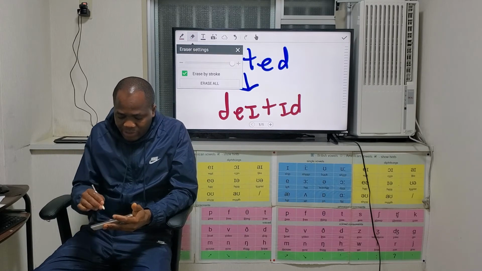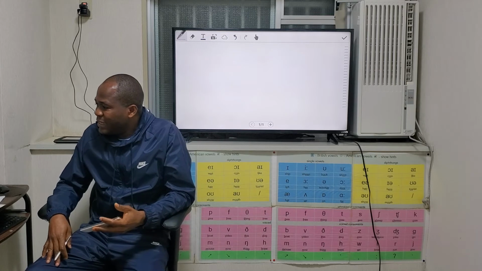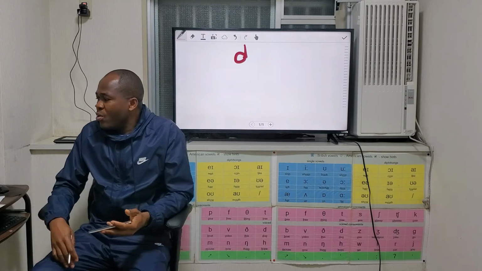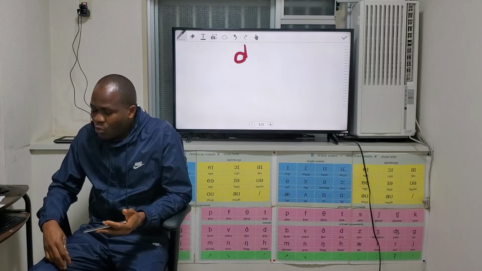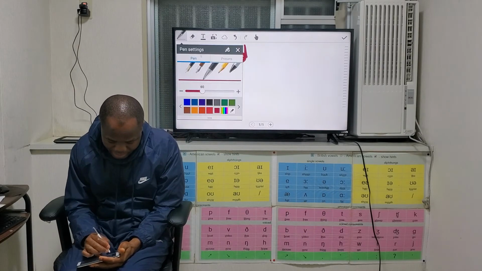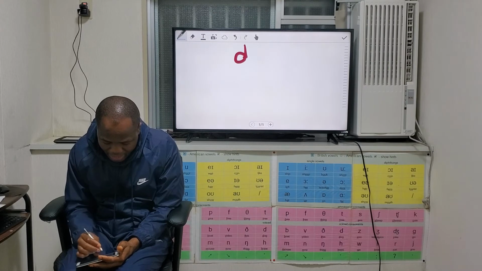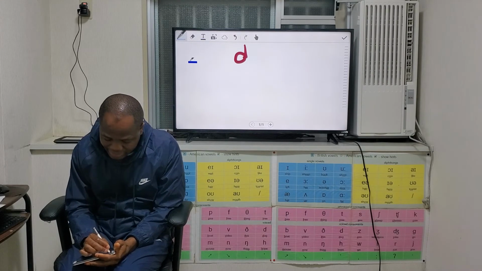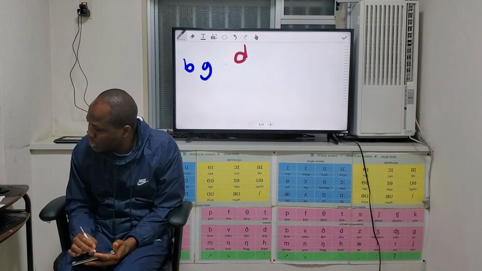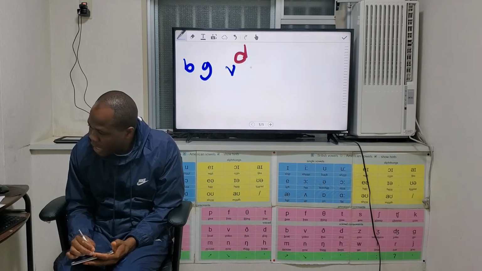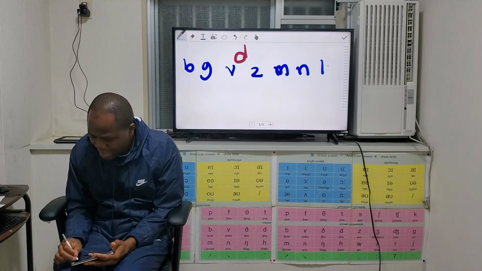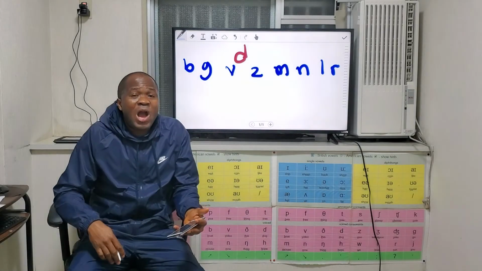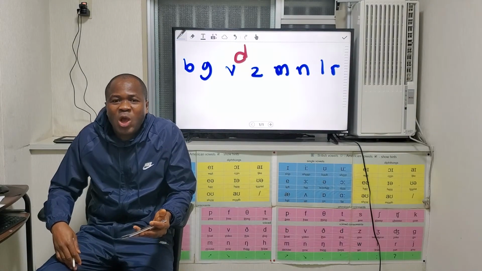The second one is when it is pronounced d. Whenever the consonant in the verb ends in these letters B, G, V, Z, M, N, L, and R, these are called voiced consonants.